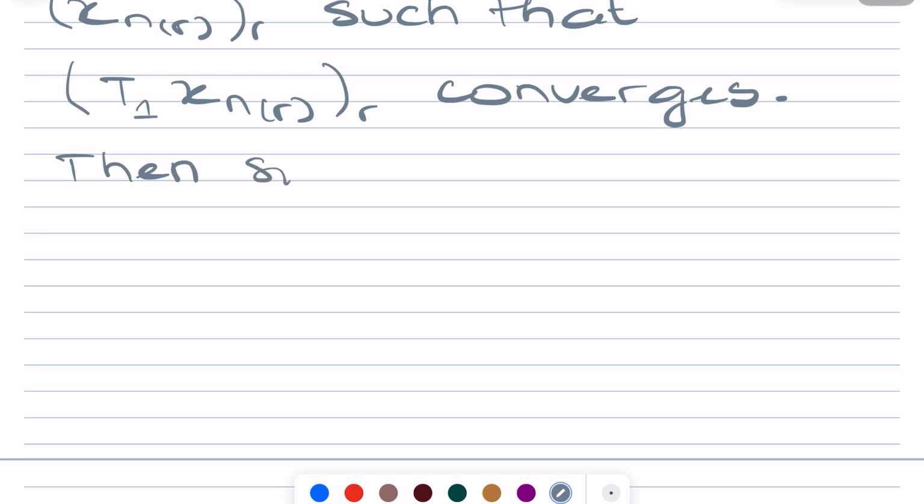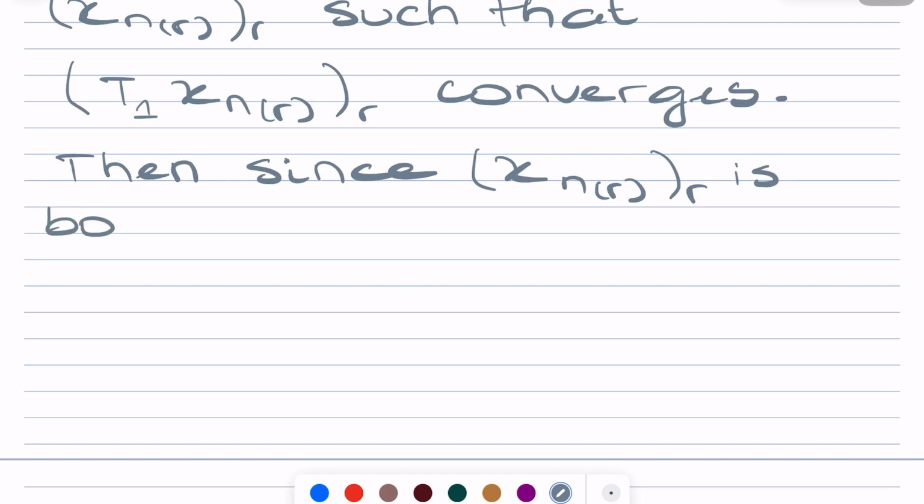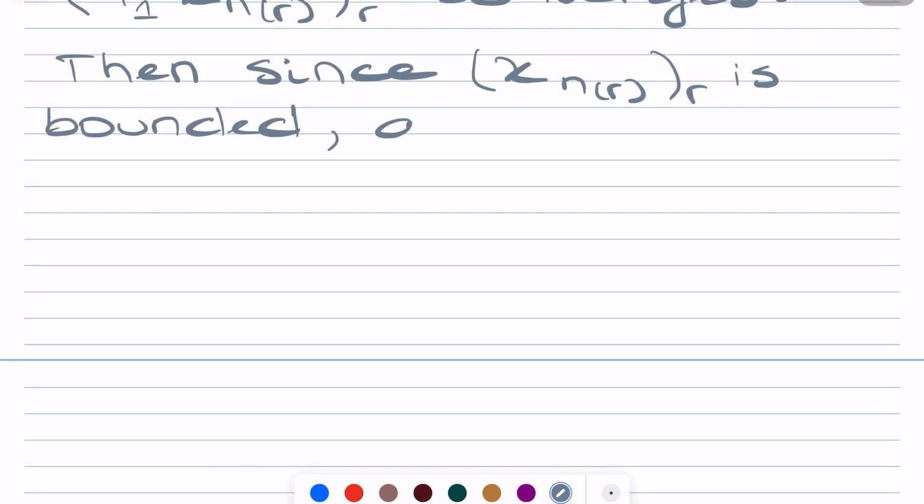Since the original sequence is bounded, the subsequence x_{n_r} is also bounded. Now we use the compactness of T2.